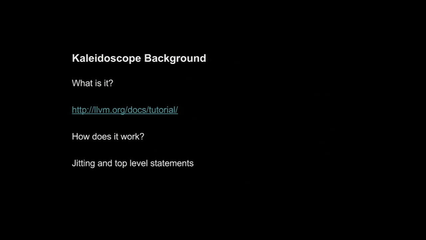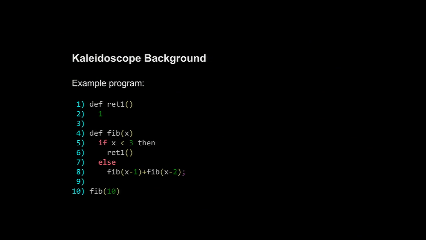It takes top-level statements and definitions, and jits them. It looks about like this, where this is your top-level statement. It will be your main for purposes of this discussion, and then you've got a couple of little functions, some control flow, some variables, and some other stuff.